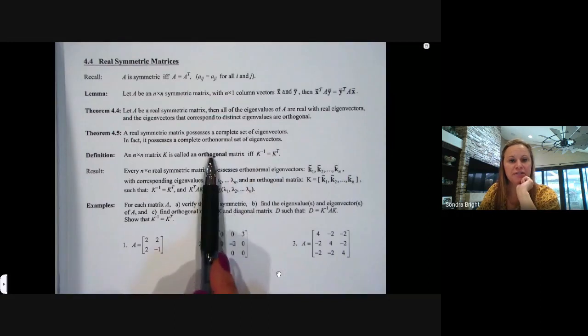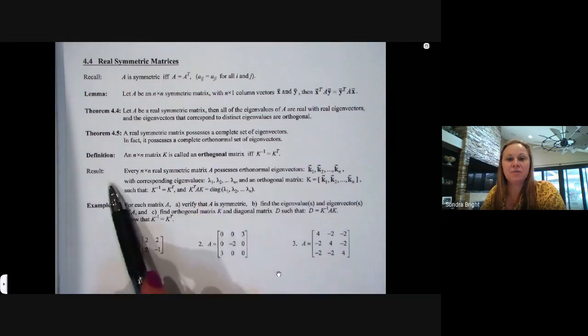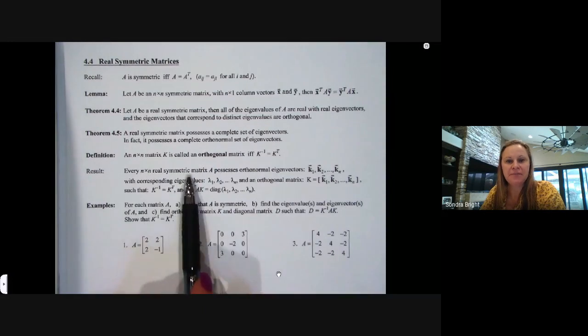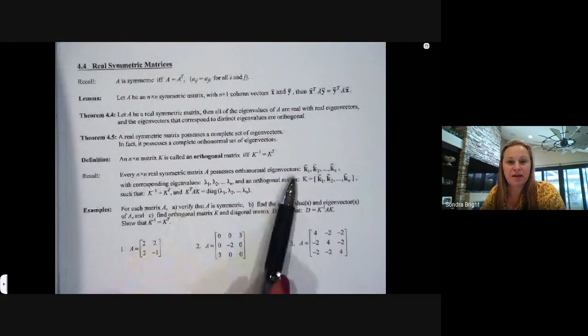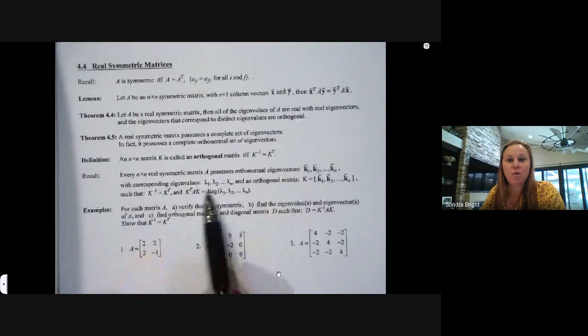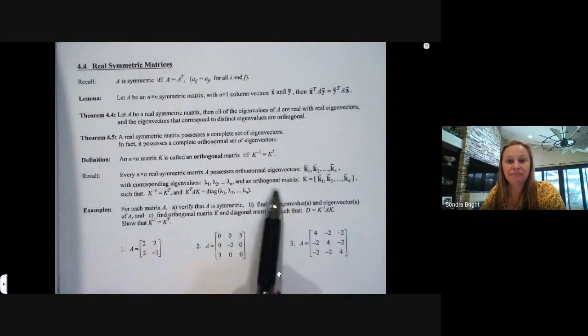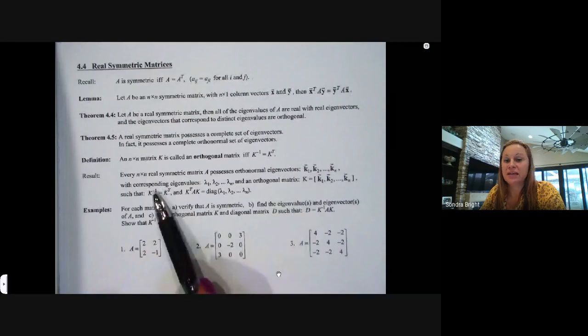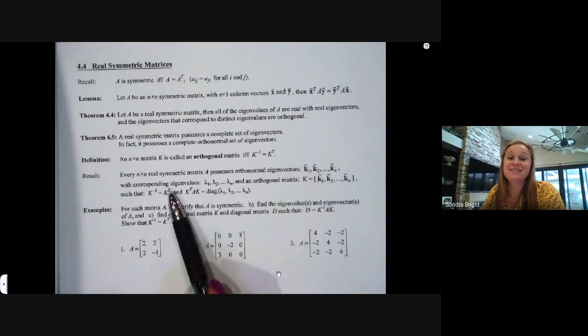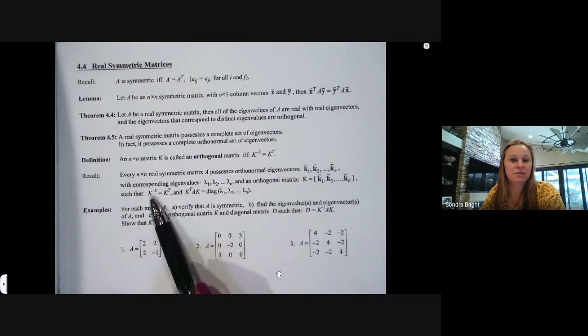The result of this is that every n by n real symmetric matrix A possesses orthonormal eigenvectors with corresponding eigenvalues and an orthogonal matrix K such that K inverse is equal to K transposed. Remember from yesterday, we had K inverse times A times K equal to the diagonal of all the eigenvalues.